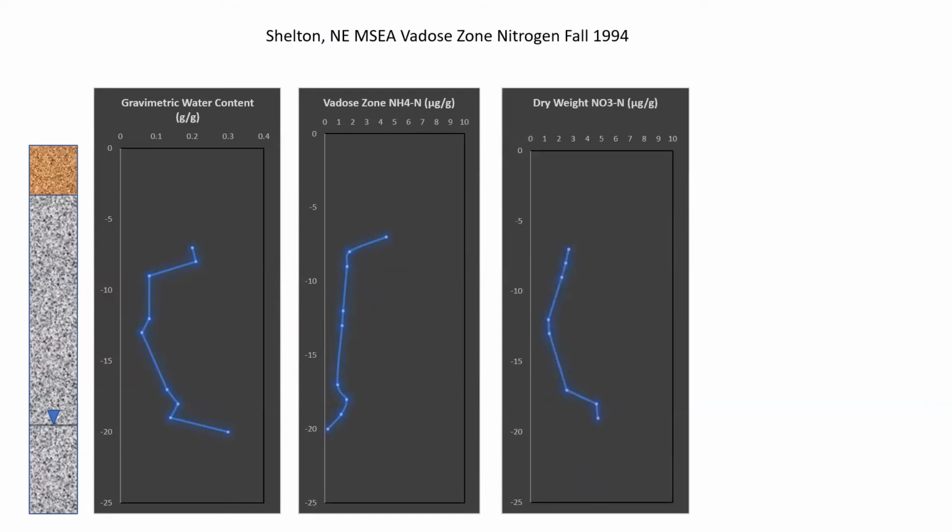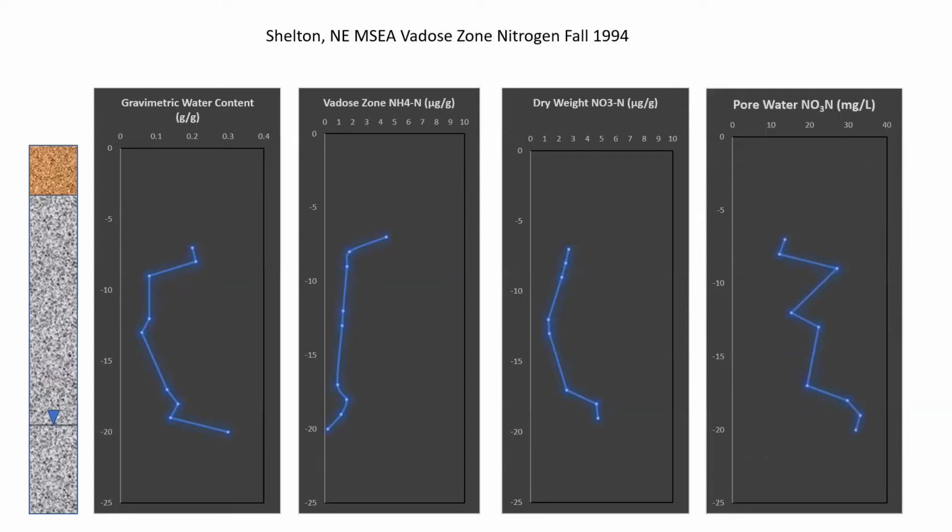That dry weight nitrate-nitrogen in micrograms per gram or parts per million, and then easily can convert that dry weight equivalent to a pore water nitrate in milligrams per liter. As you can see, that very last point at around 20 feet was actually at the water table.